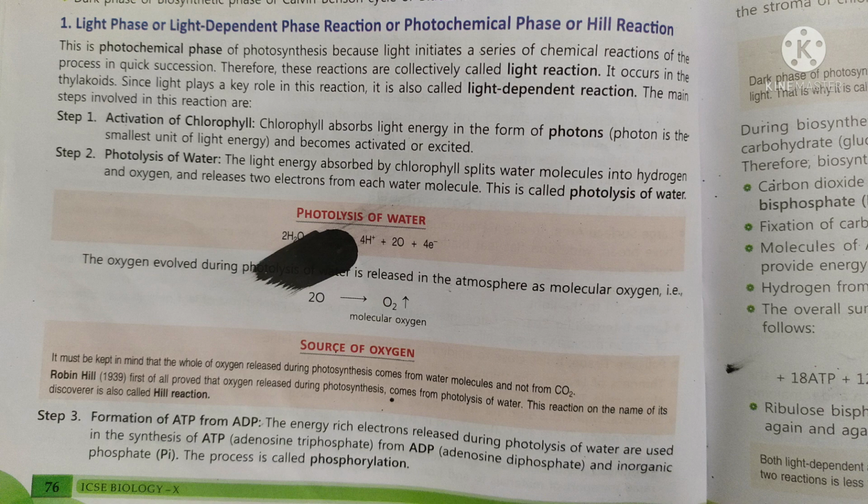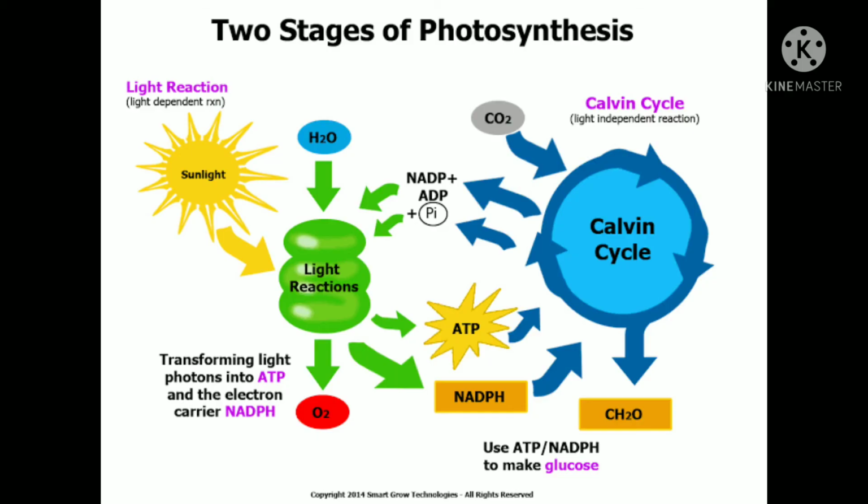Then in the third step, there is formation of adenosine triphosphate, that is ATP, from ADP, that is adenosine diphosphate, and inorganic phosphate. The process of formation of ATP from ADP and inorganic phosphate is referred to as phosphorylation. ATP is formed during the light reaction and this process is also referred to as photophosphorylation, because the energy used during this process has come from sunlight.